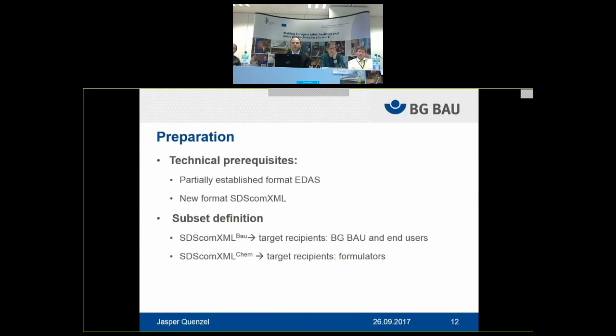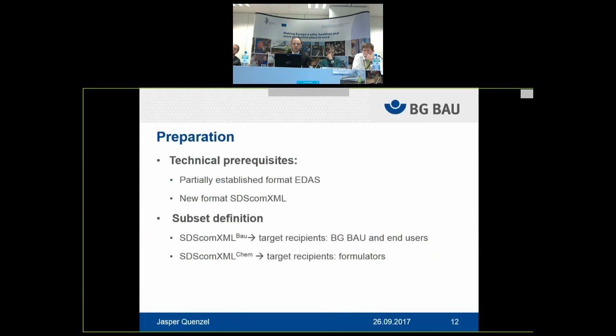In Germany, we had two XML formats: there was EDAS, which has been partially established in Germany, especially in the automotive industry, and the, at the time, relatively new SDS-COM XML, which was newer and therefore better suited for the regulatory changes that came around this time with REACH and CLP. And because of that, we decided to use SDS-COM XML.